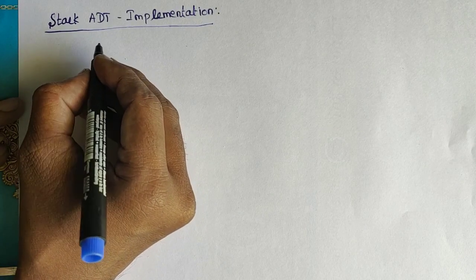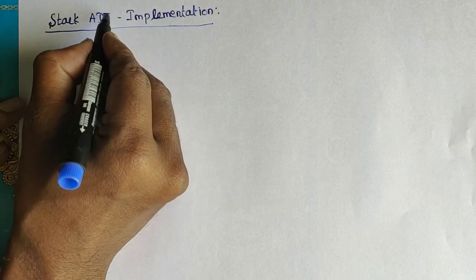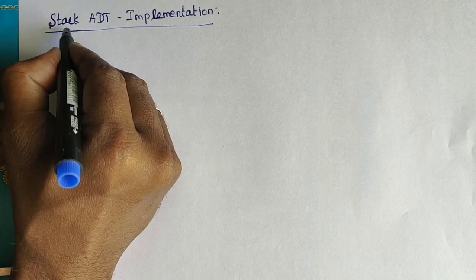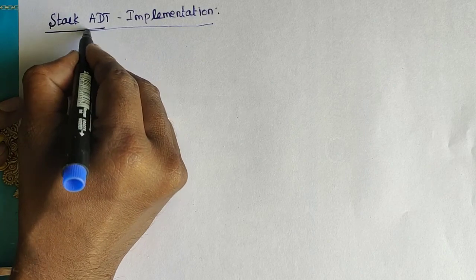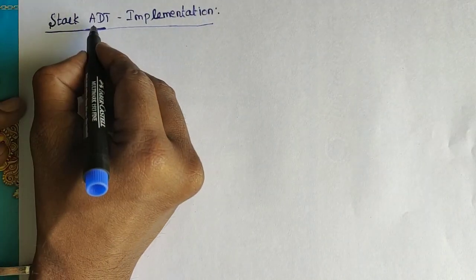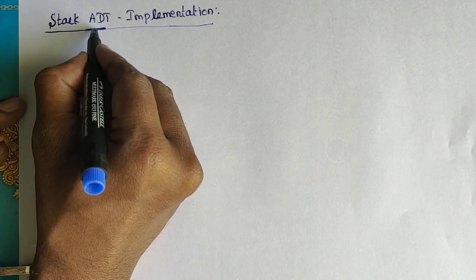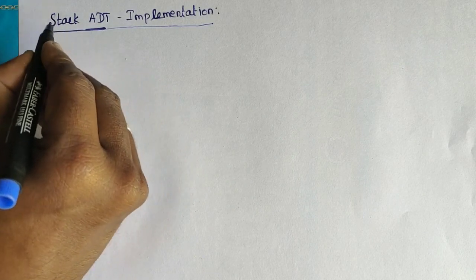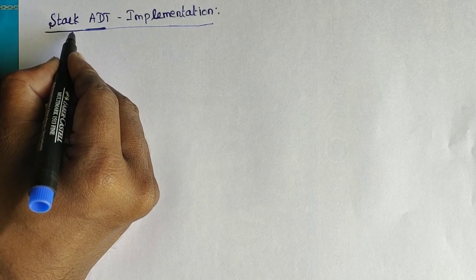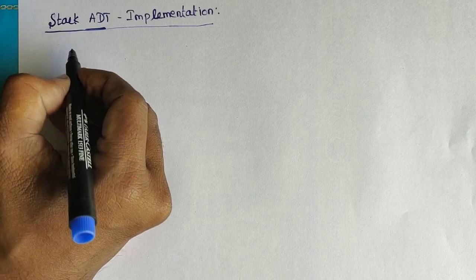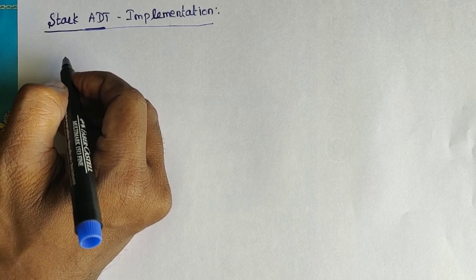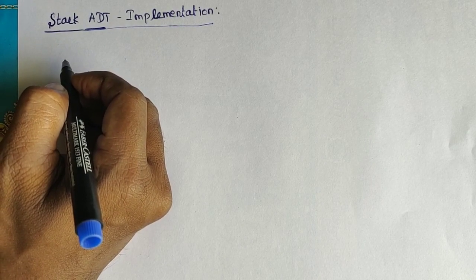Then only we can create the data structure as an abstract data type. It means that if you want to create the stack as an abstract data type, I have to create the corresponding class. Because in a class, the access specifier concept, that is the data abstraction concept, is there.